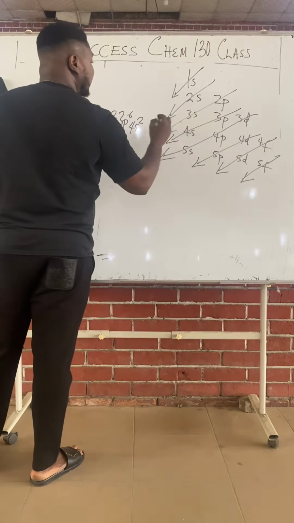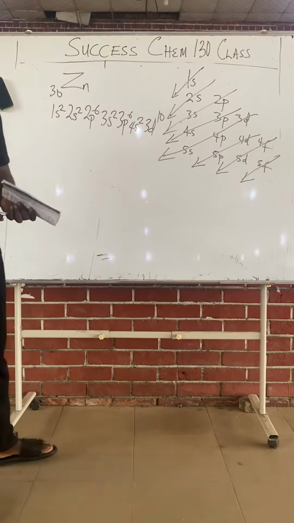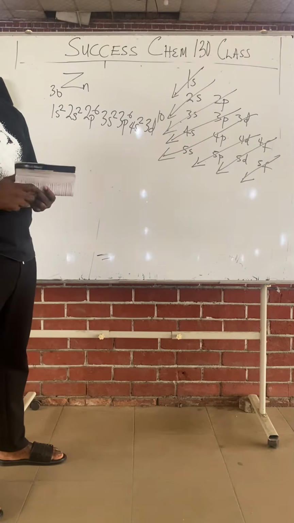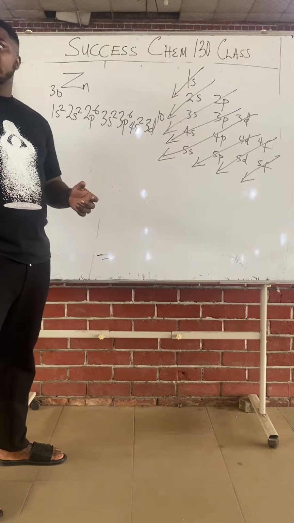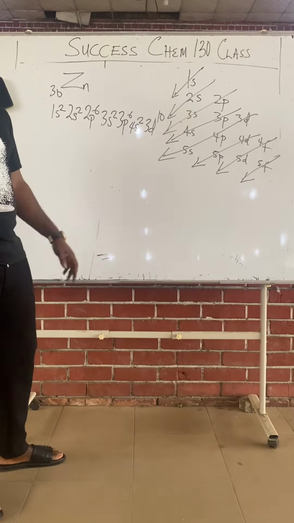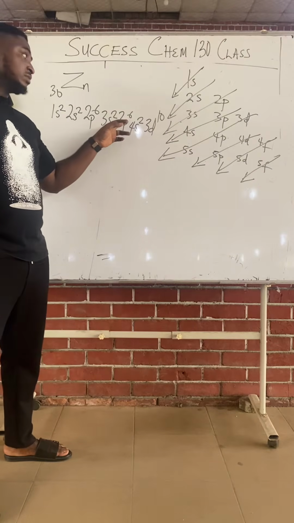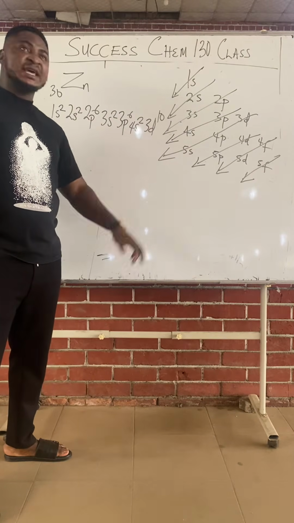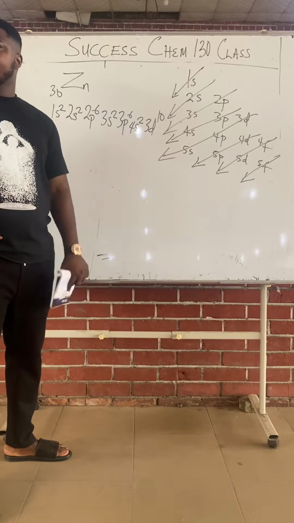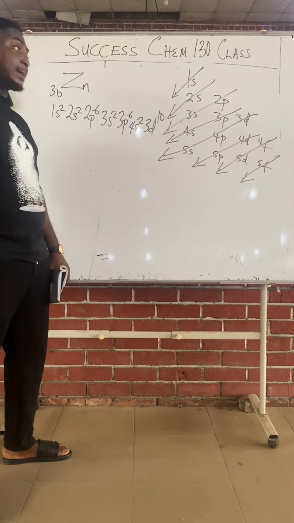After 4s, what's next? 3d, 10. This is 30. Class, stop as soon as you have achieved 30. 2 plus 2, 4. 4 plus 6, 10. 10 plus 2, 12. 18, 20 plus 10, 30. This is the SPDF configuration for zinc, class.